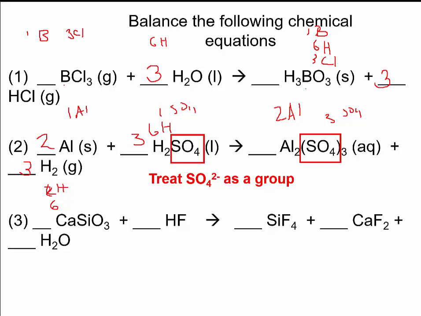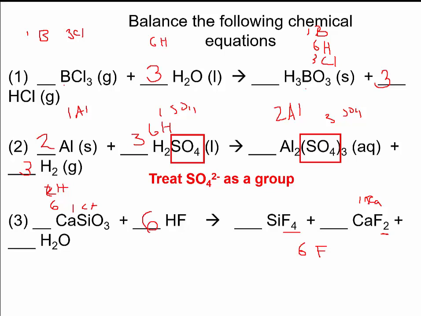So looking at my calcium, got 1 calcium on the left, got 1 calcium on the right. Now I'm looking at my fluorines. I got 2 fluorines over here. Another 4 fluorines over here. I've got 6 fluorines on the right, which means I need to have at least 6 fluorines over here.